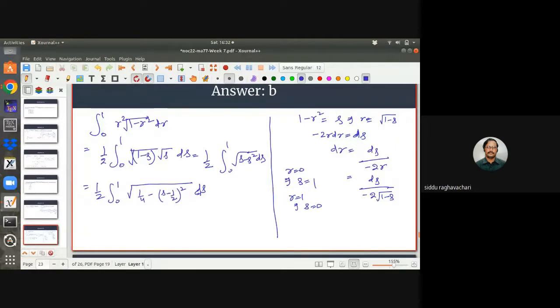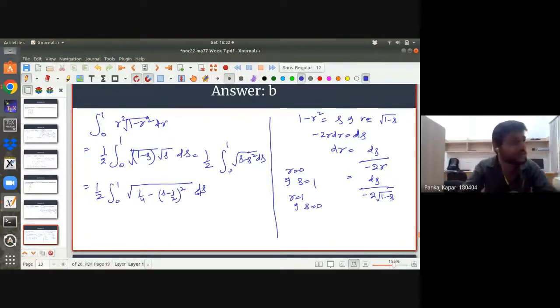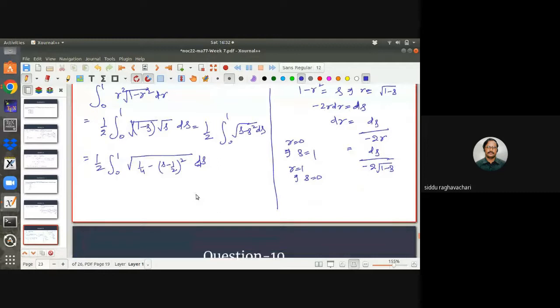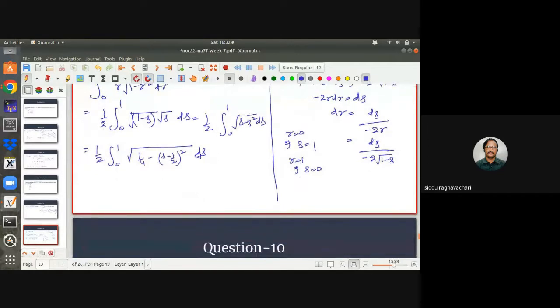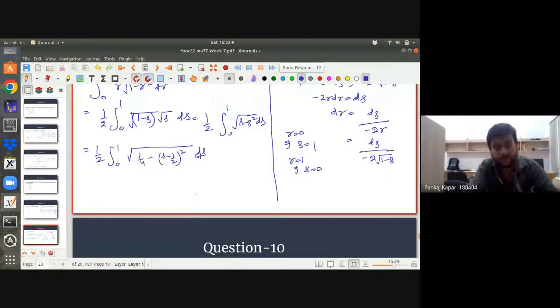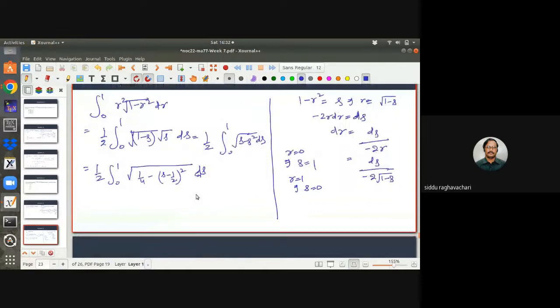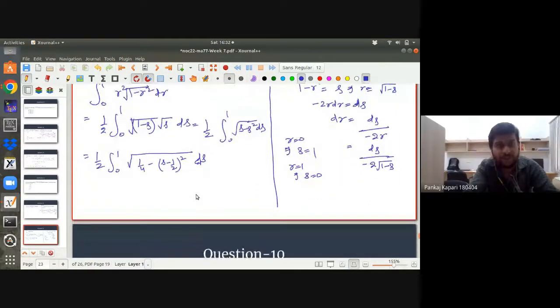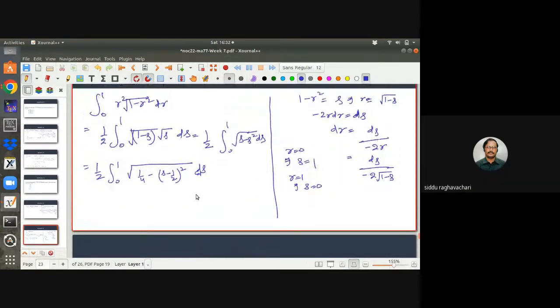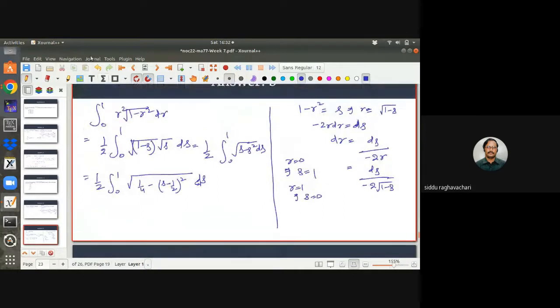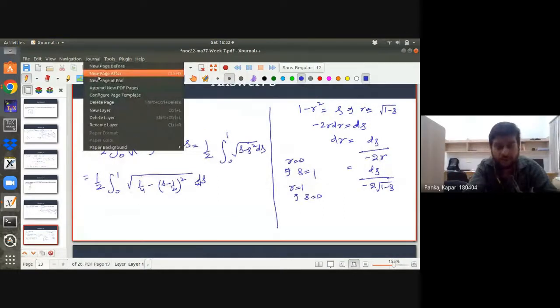Yes, it is a very difficult calculation. Please change the substitution. Put r equal to sine theta. Then root of 1 minus r square is cos theta, and dr is cos theta d theta. I think it is an easy way. So this will also give you your answer.